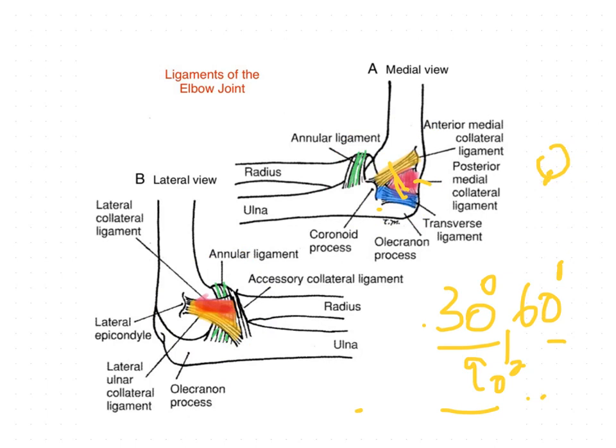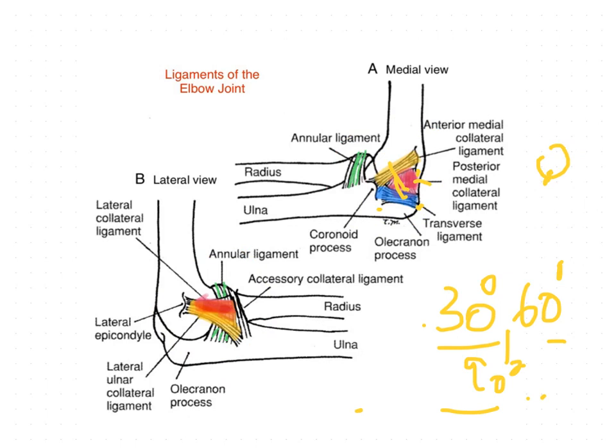The posterior bundle extends from the posterior aspect of the medial epicondyle of the humerus to attach to the ulnar coronoid and olecranon processes, and it limits the elbow extension, but it plays a less significant role than the anterior bundle in providing valgus stability for the elbow.